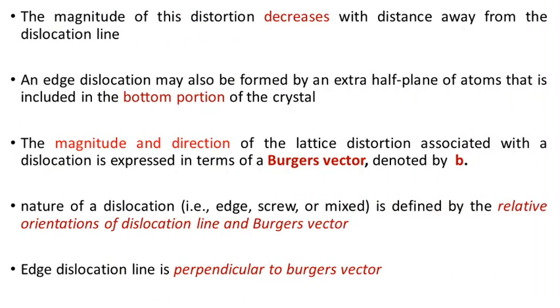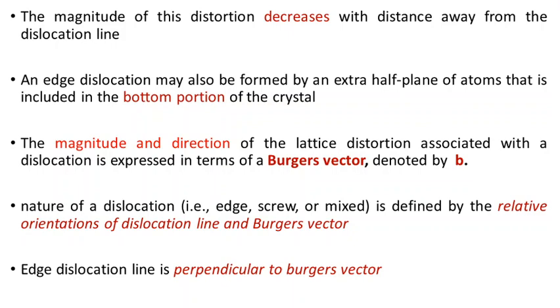Another important term associated with dislocations, whether edge, screw or mixed, is the Burgers vector. The Burgers vector is a vector quantity used to define the magnitude as well as the direction of the dislocation. One important feature is how the Burgers vector is oriented with respect to the dislocation line.